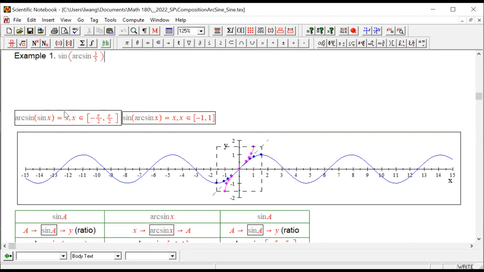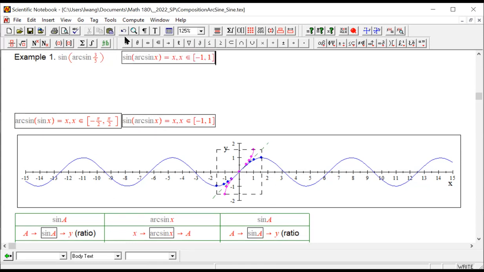If we understand that this property is applicable here, because the input is 3/5 and 3/5 is in the interval between -1 and +1, the answer is straightforward. You don't have to do anything at all.